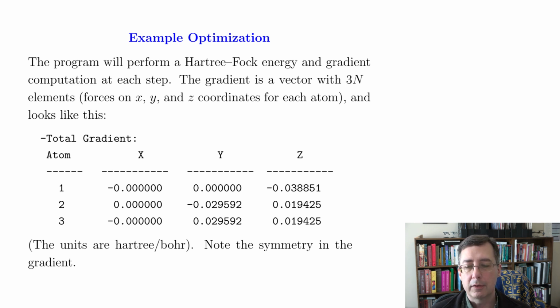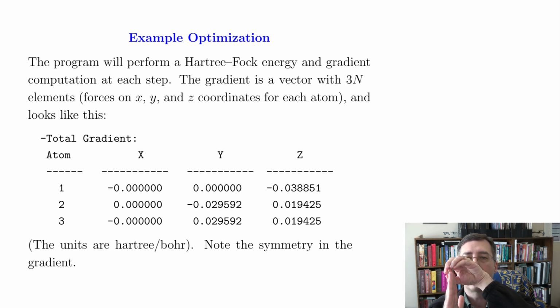And if I look at this, you notice that the molecule has a gradient that's symmetric. Oxygen is the atom 1, and you can see that it's got a gradient of negative z, but no gradient in the x or y directions, and that's because it's lying along the z-axis.